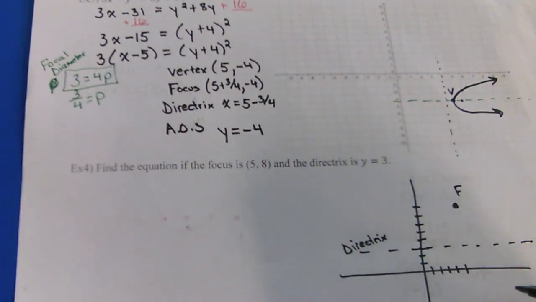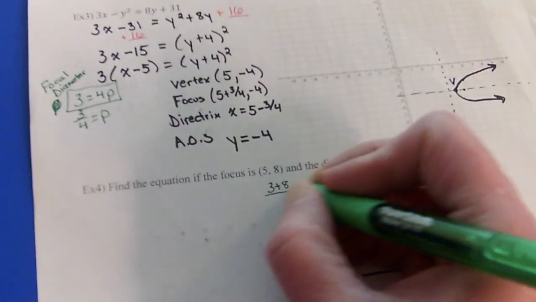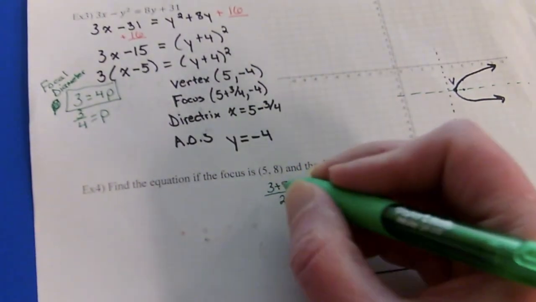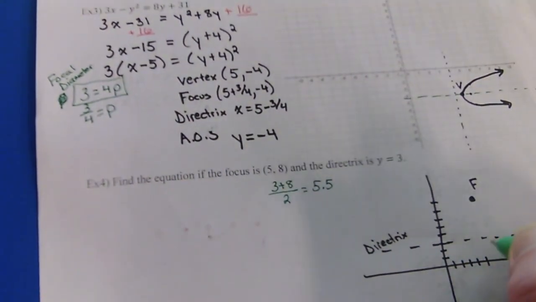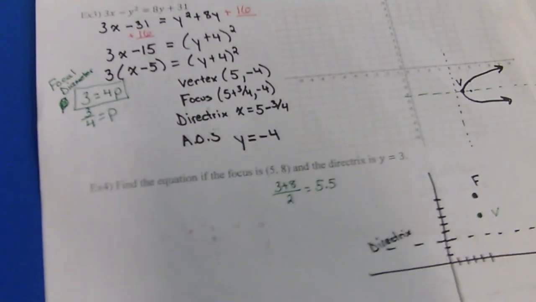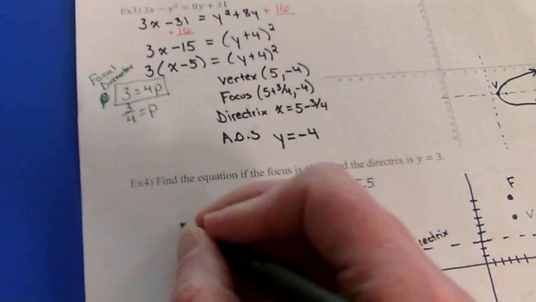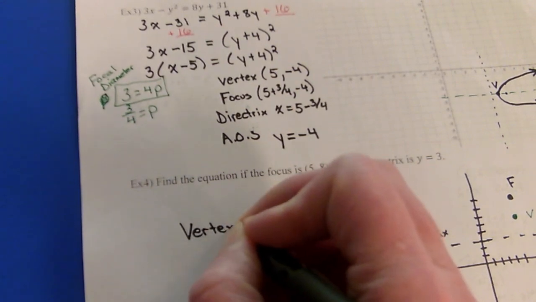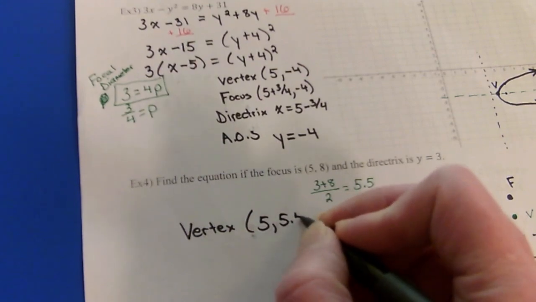Well, okay, so let me go 3 plus 8 divided by 2. That's going to be 11 divided by 2. That's 5.5. There's my vertex. And it's going to be at the x value of 5 and the y value of 5.5. So my vertex is going to be 5, 5.5.